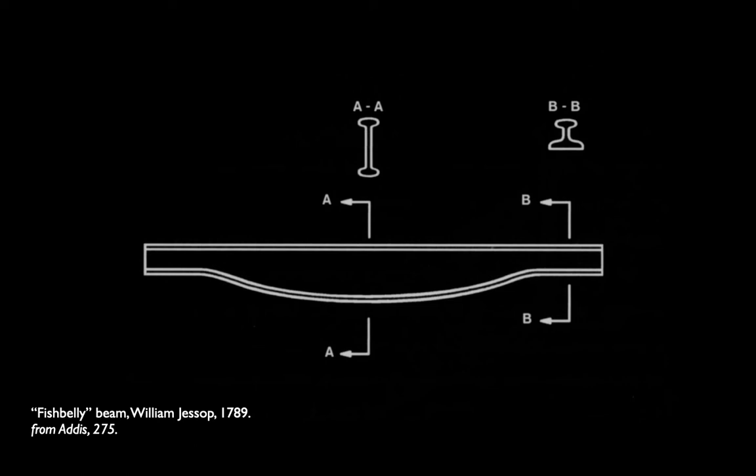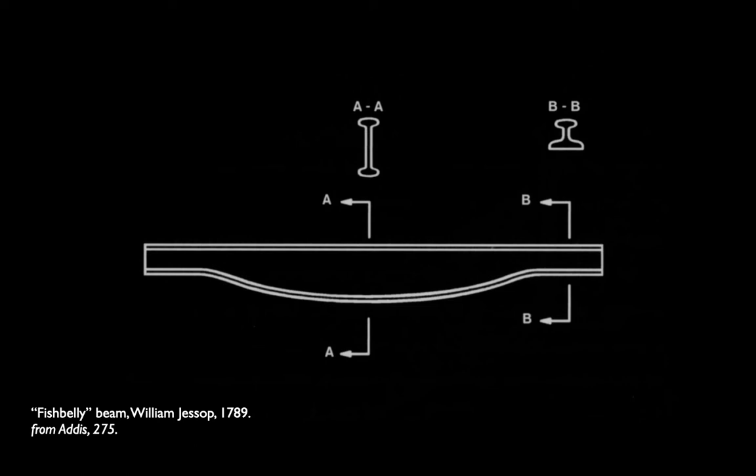It's really, really deep in the middle where the bending moment is greatest. The shape of the beam follows roughly the curve of the moment diagram, so it's actually decreasing as it gets toward the ends. But then at the ends, the engineers realize that they need enough cross-sectional area to handle the shear, to keep the beam from just punching past its columns.